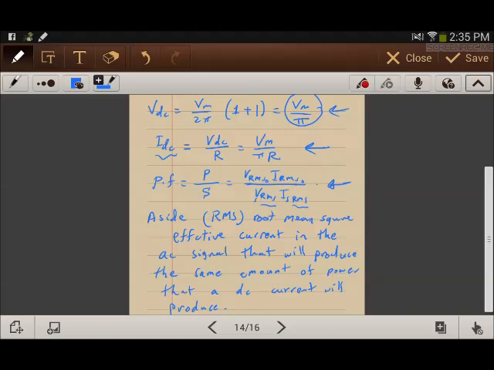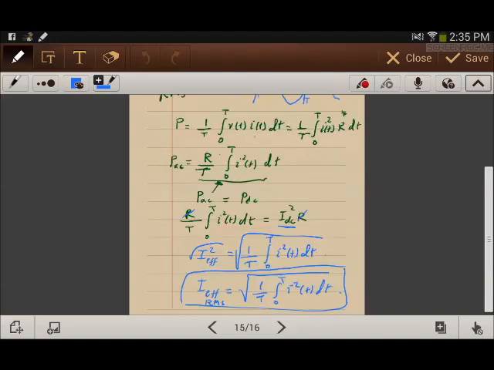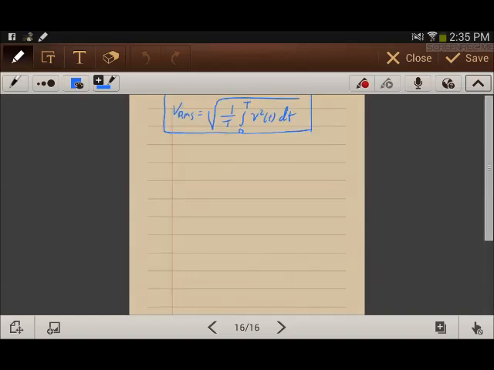So I need to find the VRMS and IRMS in the load side, and VRMS and IRMS in the source side. So just apply this RMS formula.